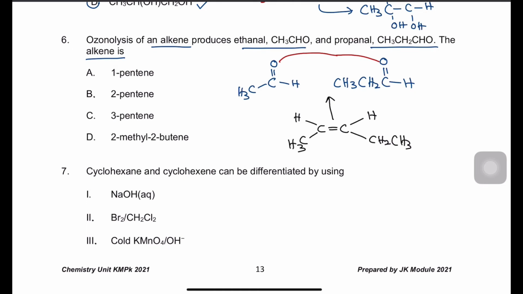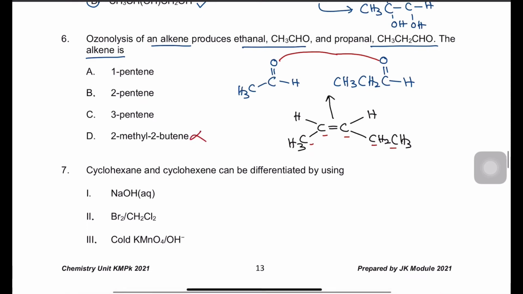Shall we name this? Look at the longest carbon chain. That would be 1, 2, 3, 4, 5. So 5 meaning we have a pentene. Where is the double bond on pentene? 1, 2. It's at position number 2. So the answer would be 2-pentene.